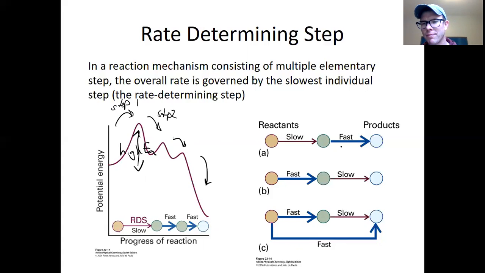It can be fast, it can be slow. It's the slow one that matters. This type of process, where you have some slow steps which are circumvented by a fast one, is a catalyst. That's what a catalyst does. Okay, that was qualitative feature 1, rate determining step.